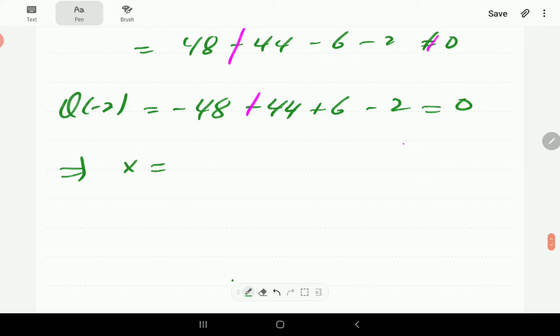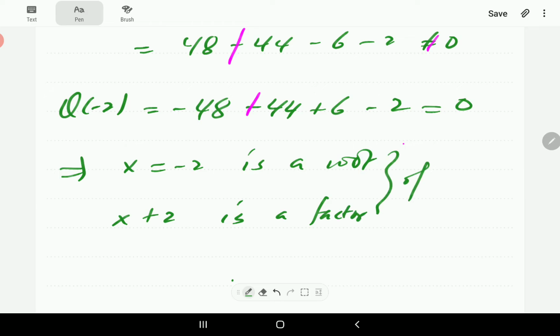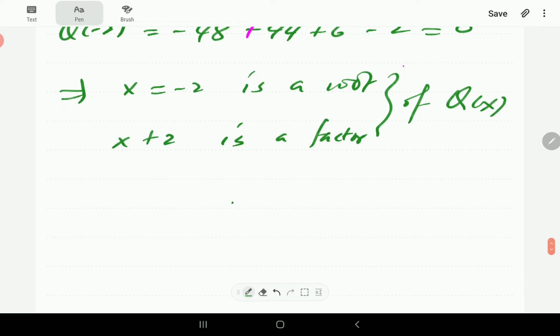So the implication is that x equals negative 2 is a root, and x plus 2 is a factor. This is a factor and a root of q of x. So we can divide q of x by x plus 2, or just put the coefficients of q of x here.